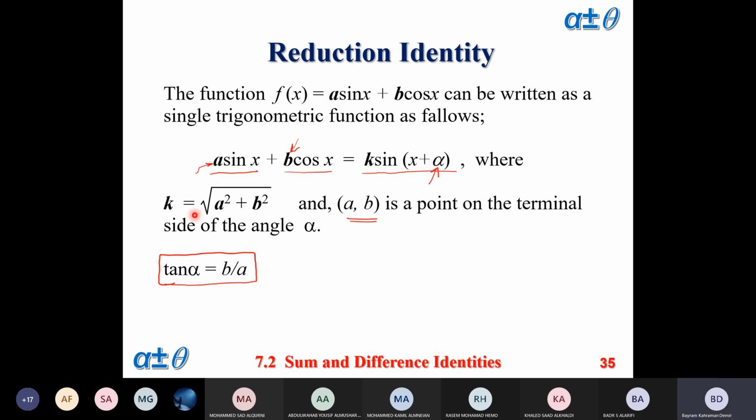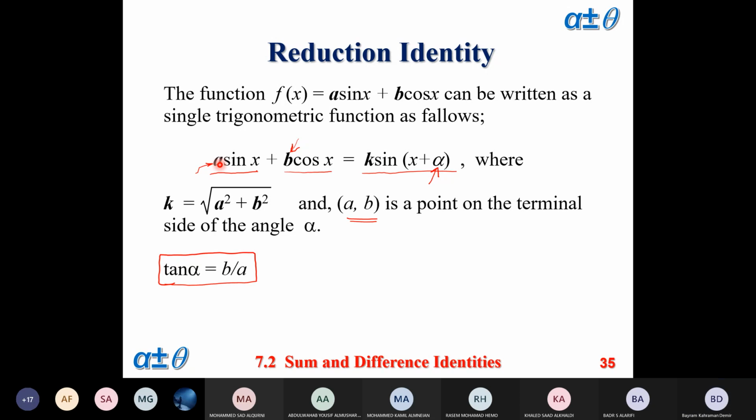How do we find the number k? Since we know a and b, we can calculate k as simply the square root of a squared plus b squared. That simple. And to find this alpha, we're going to take this number a as the first coordinate of the point, and number b as the second coordinate of the point. That's why it is important: the first number is the coefficient of sine.